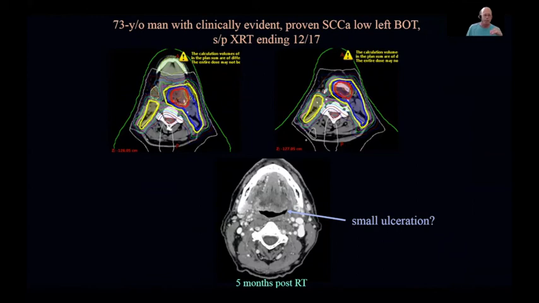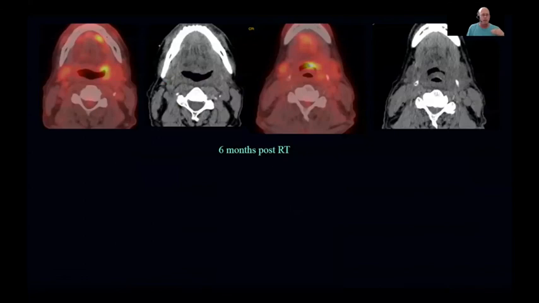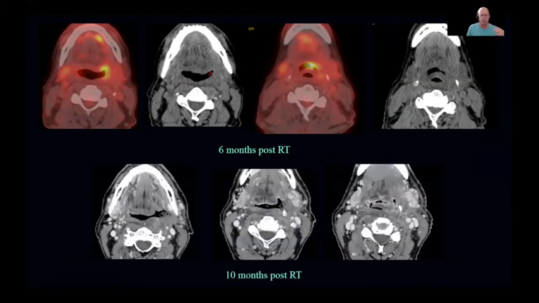This patient is a little more complicated, came to us with a tongue-based cancer and was radiated. We can see it was a low tongue-based cancer, and then subsequently developed what may have been a small ulceration over here, and that got hot. Okay, there's definitely a small ulcer here, but also there began some abnormal FDG activity in the low tongue base.